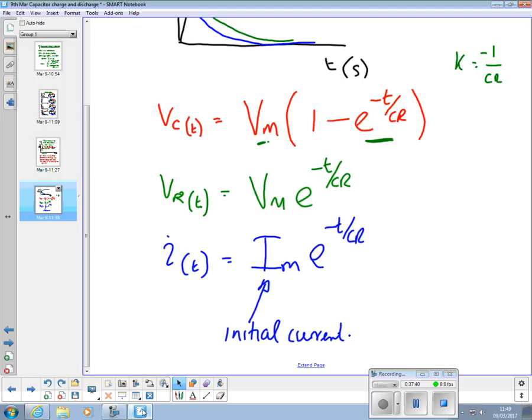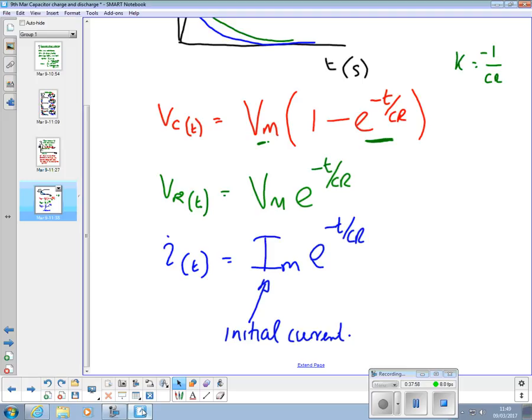Having that bracketed term gives you the shape that is a rise to a limit.